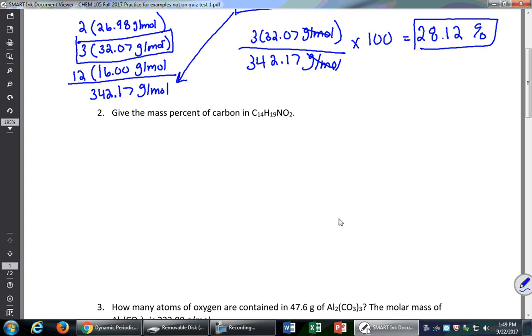In this case, we're asking for percent carbon. Do you need me to go through it? The answer is shown here, so make sure you could figure that out for percent carbon. But it's the same thing we just did above.